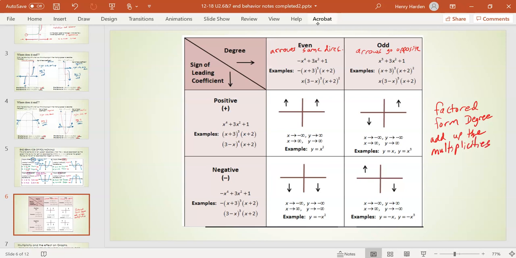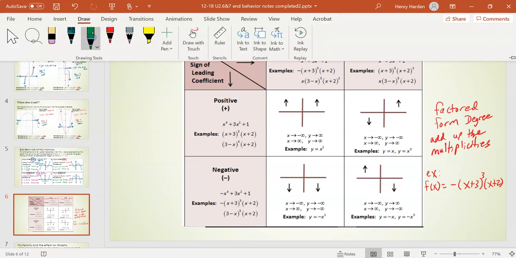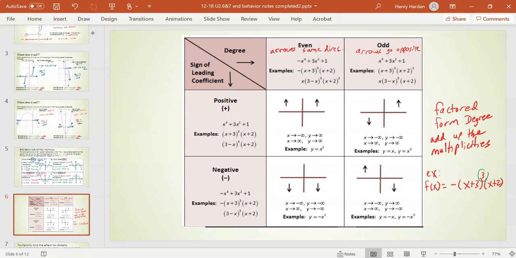Okay? And so, for example, if I have f of x equals this, the multiplicity is the exponent. So here, this is a multiplicity of 3.